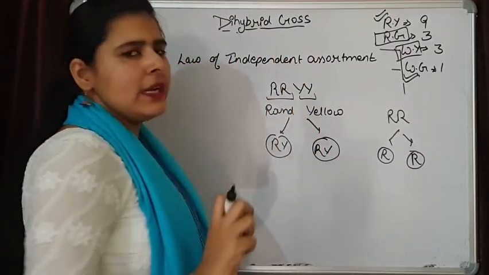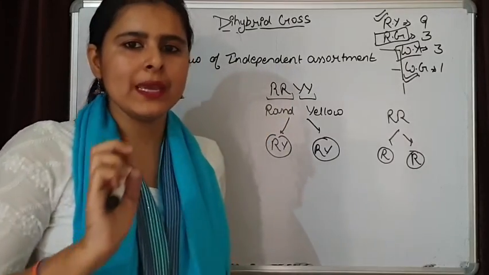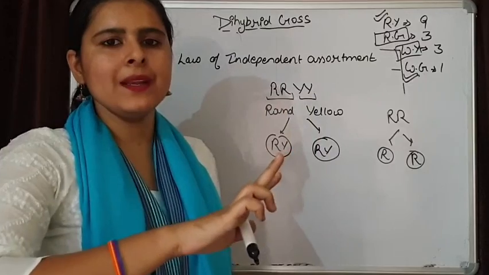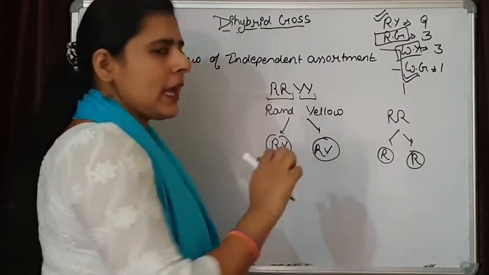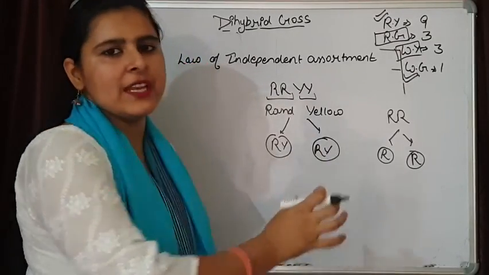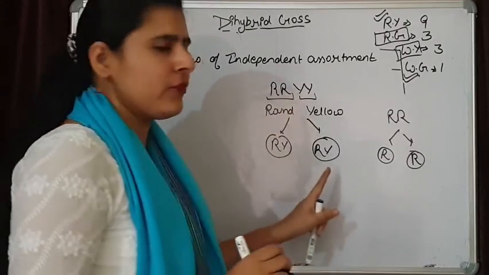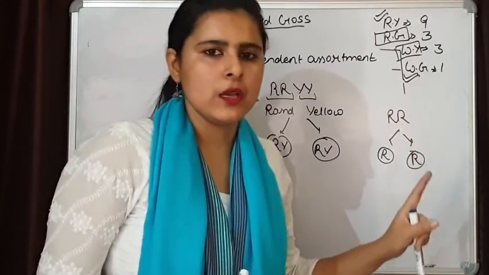In the law of independent assortment, we are talking about 2 genes that are controlling 2 characters, and there is separation of these 2 genes independently, and inheritance is also independent during gamete formation. It means we are talking about intergenic separation between 2 genes. This is the difference between the law of segregation and the law of independent assortment.